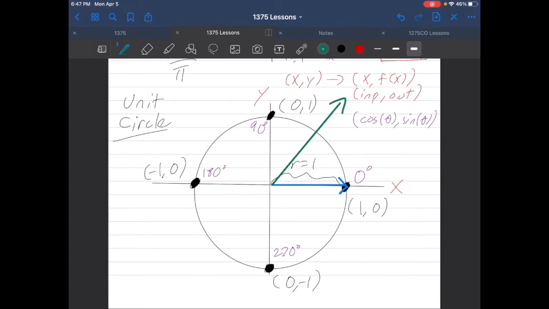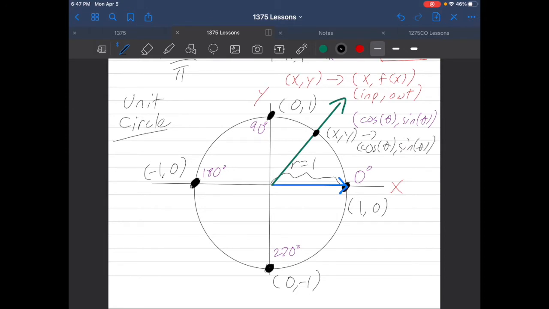It can be as long as it wants, but over here there is a point of intersection with the unit circle, and this point of intersection happens at an x comma y ordered pair, which can be represented by the cosine of an angle theta and the sine of an angle theta.